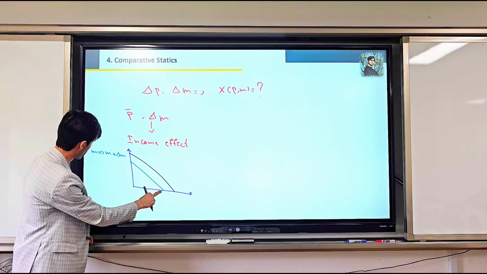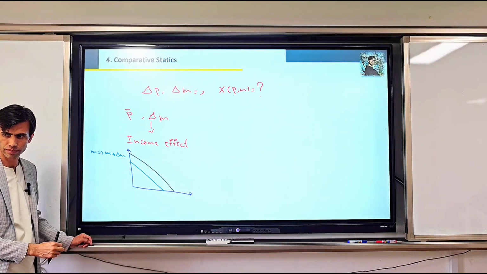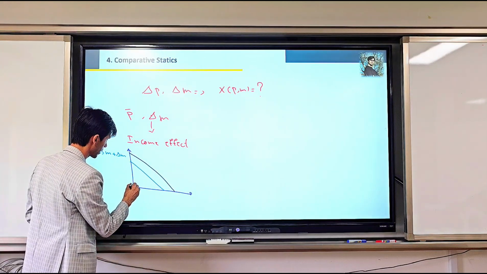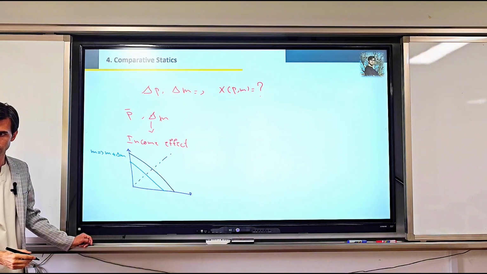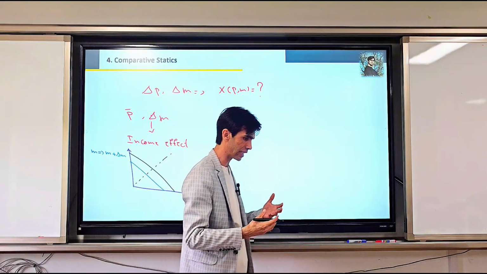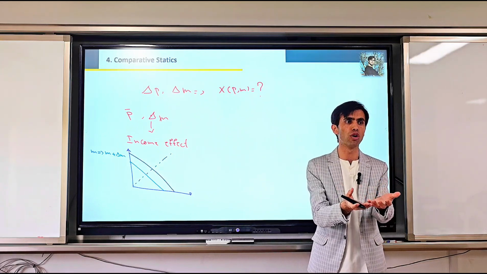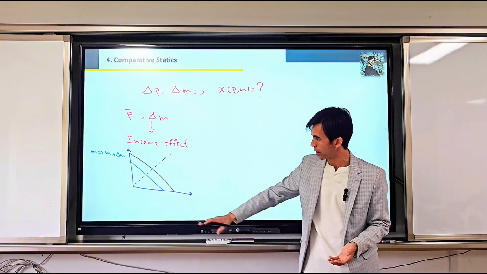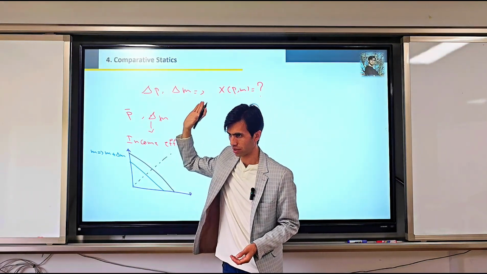This is the budget constraint of M, and this is M plus delta M. So we only have income effect, because when the income increases for a normal good, we will buy more. This comes from the income effect when the price is fixed.